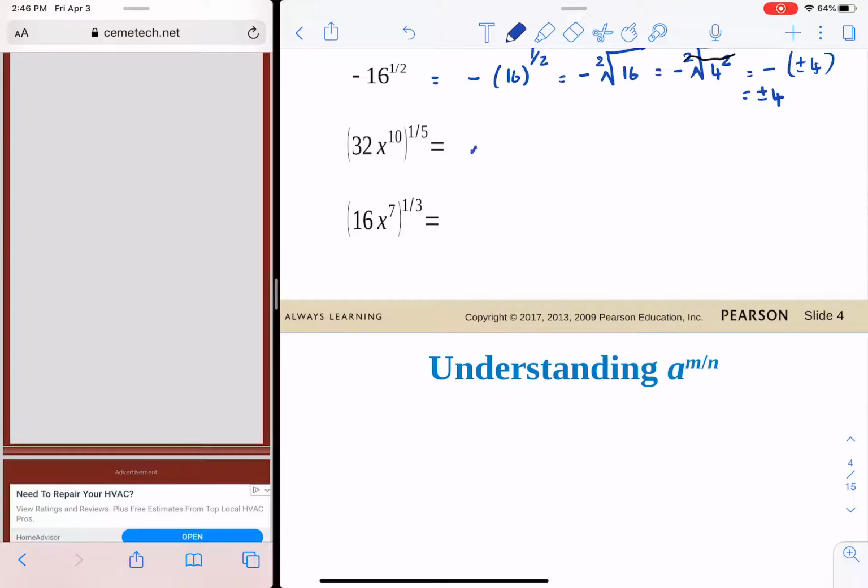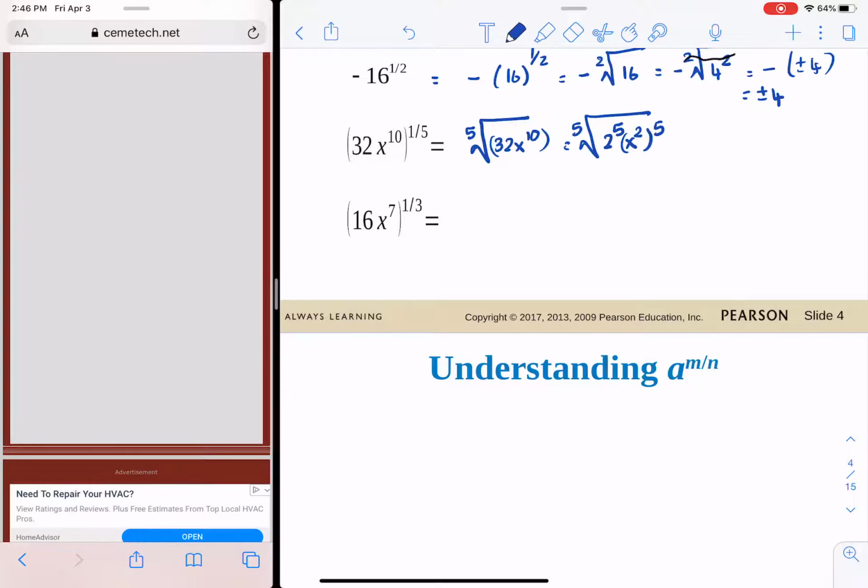In the next expression, we have the fifth root of 32x raised to 10. We want to write whatever expression we have inside the root in powers of 5. 32 is 2 raised to 5, and I could write x raised to 10 as x squared raised to 5.